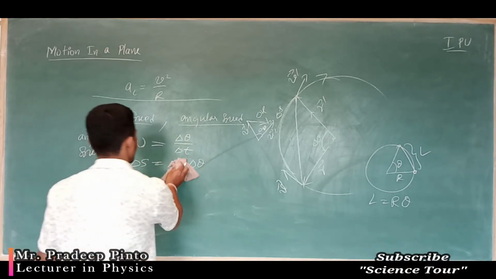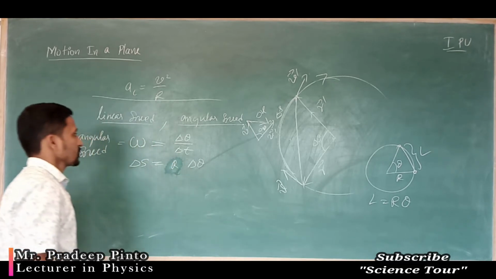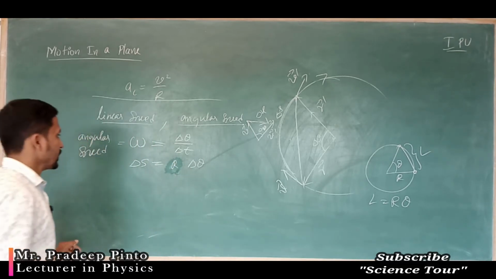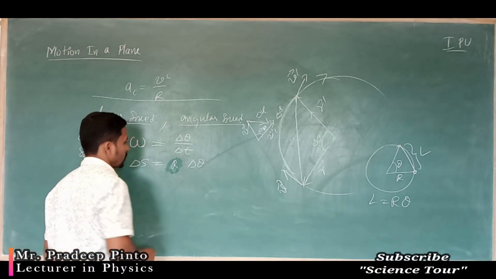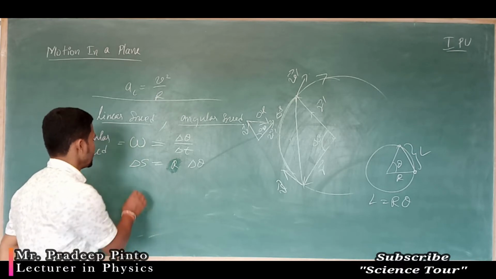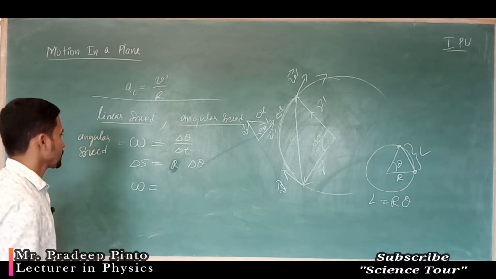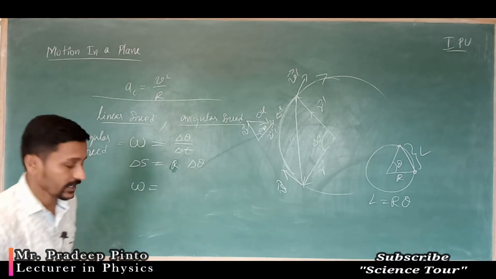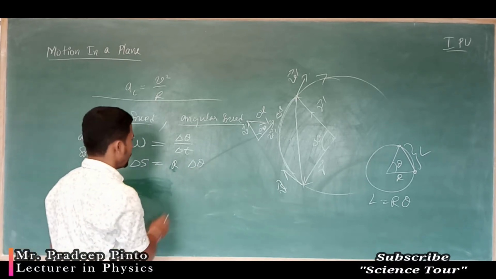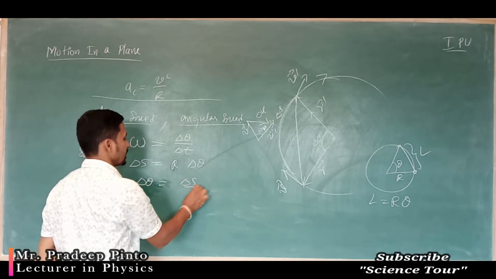R itself stays, let it be R. Now what are we going to get? If you write it this way, omega is equal to delta theta, so delta theta is equal to delta S by R.